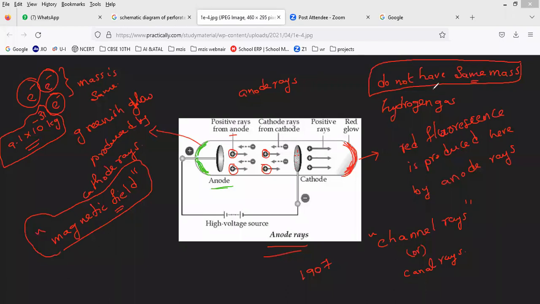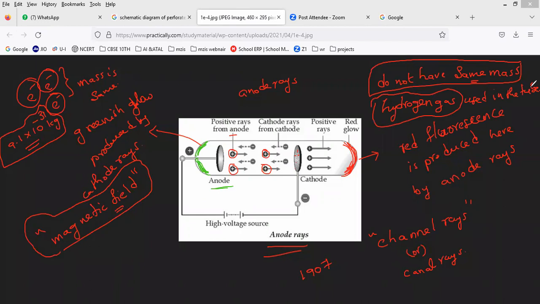The lightest one was formed only when hydrogen gas was used in the tube. So the anode rays obtained from hydrogen gas are composed of the same type of positive particles.